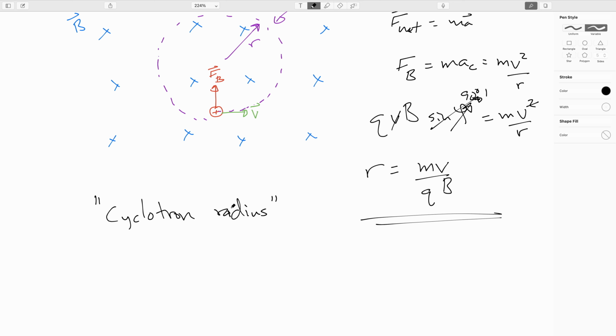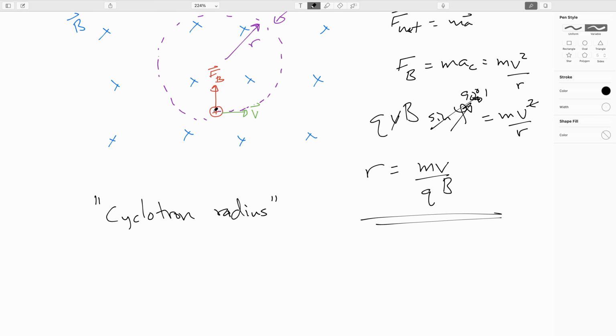A cyclotron is a special kind of particle accelerator so that you don't have to build a very, very long accelerator. People came on the trick of, hey, if we stick the whole thing in a magnetic field, we can force the charges to be going around in circles.